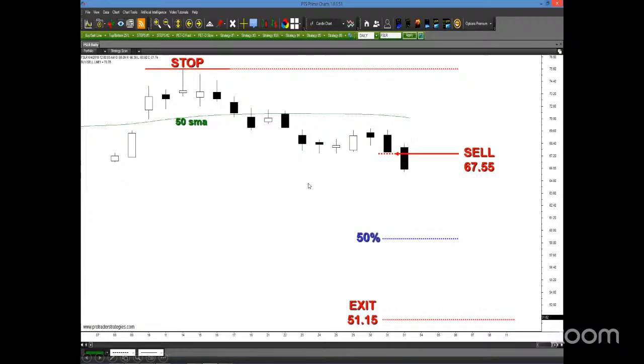So let's see how this worked out. Well, it's going in our direction. We got short. Wow, now it's really going in our direction. And obviously it hit the halfway mark. So now we want to cancel this stop placement and move the stop to where we entered. This way, once again, we're playing with the house money. We have nothing to lose. We're either going to break even if it turns around and goes up, or we're going to exit with a profit.